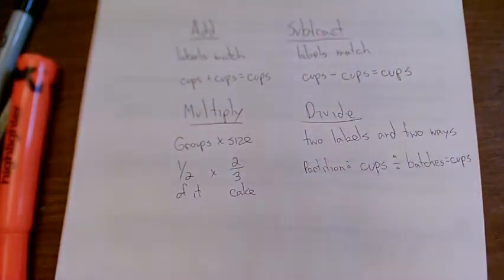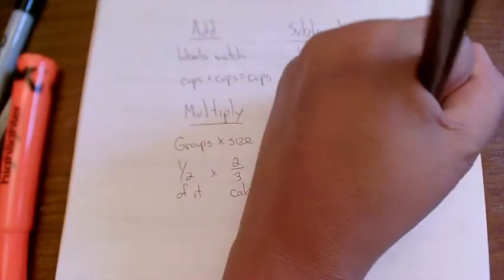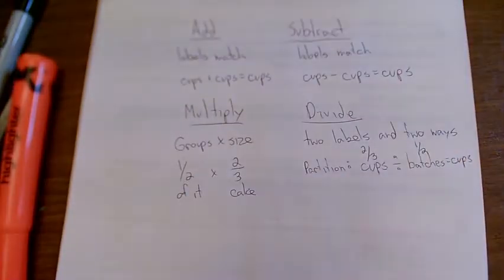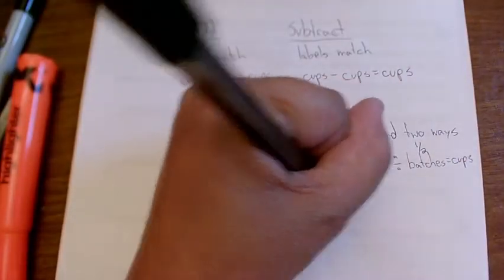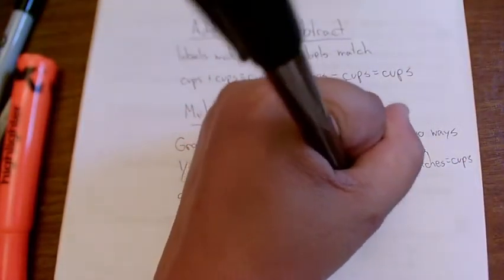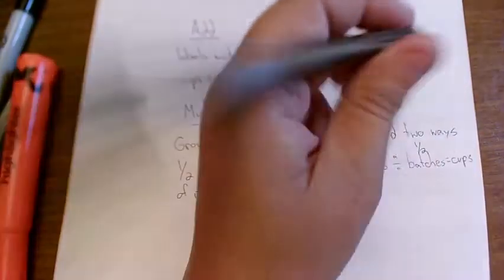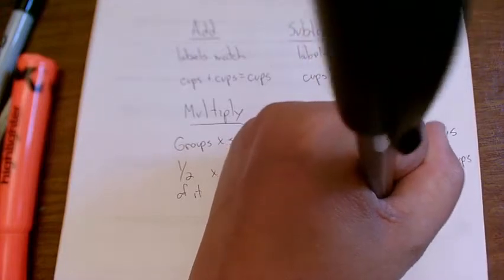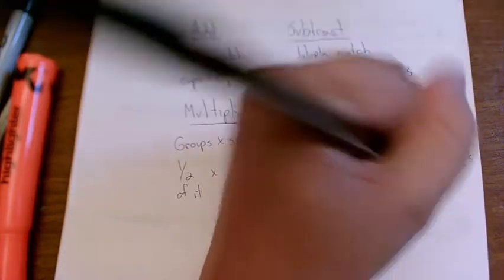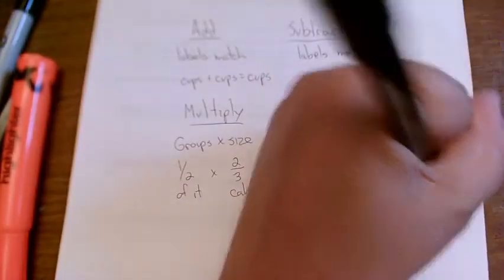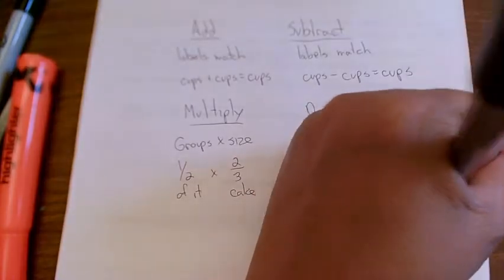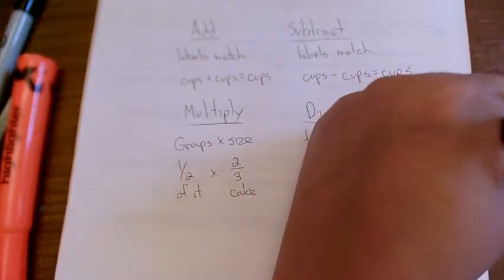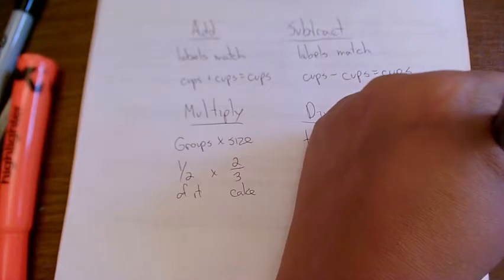So the 2/3 of a cup of raisins over a half of a batch of cookies. Or it can be measurements, and in terms of measurements, one example was 9/10 of a pound of meat divided into 2/5 of a pound per sandwich, and then our answer is in terms of sandwiches.